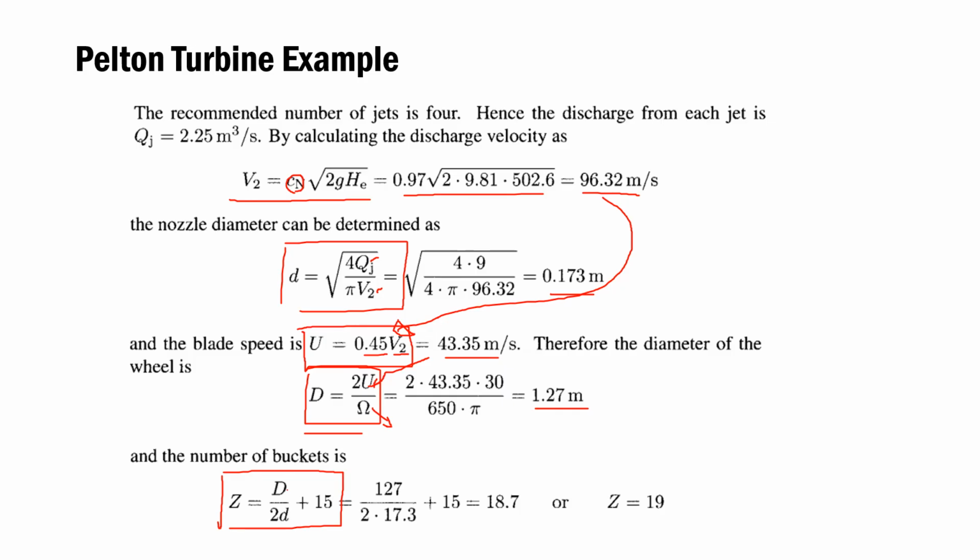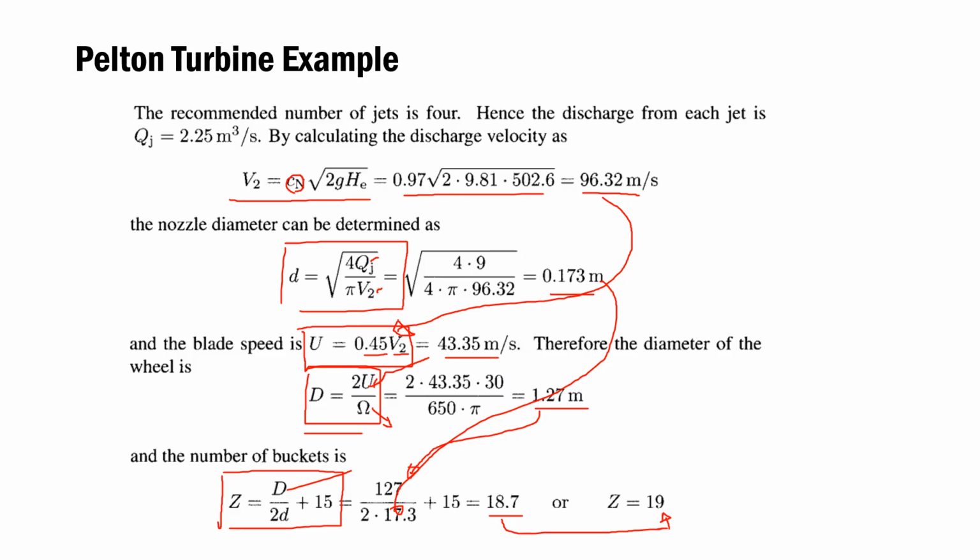We have capital D here, plug it in, and small d here, plug it in. We will get capital Z equal to 18.7.